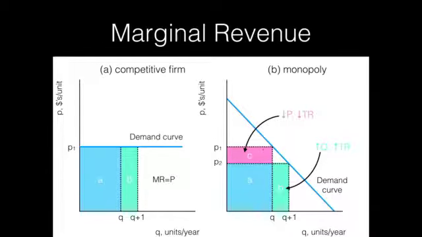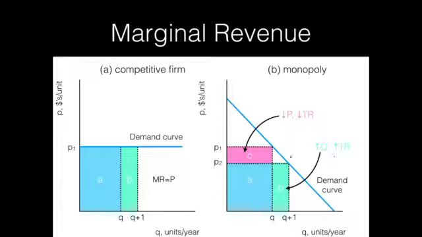So when prices fall, that causes total revenue to decrease, but the increase in output is going to cause total revenue to increase. So it all depends upon the responsiveness of the demand curve to changes in price with respect to quantity to determine whether the marginal revenue is positive or negative.